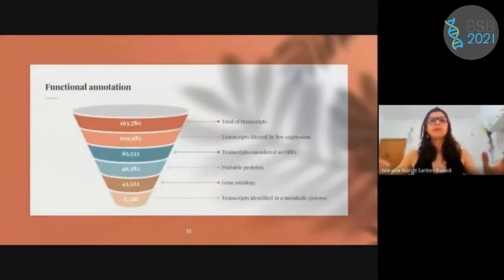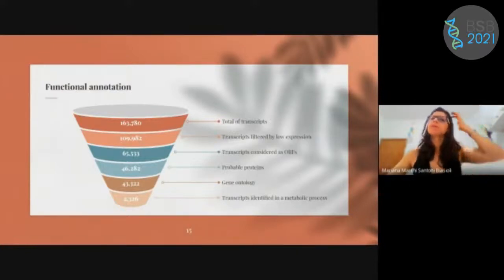After application of some filters in the transcriptome, for example, we had this total number of transcripts. After we apply a filter for low expression, we found this number of transcripts, and so on.